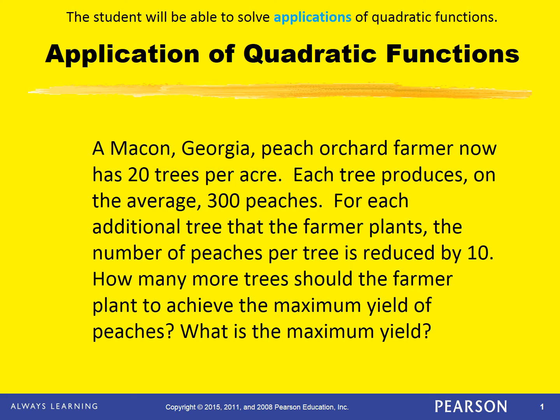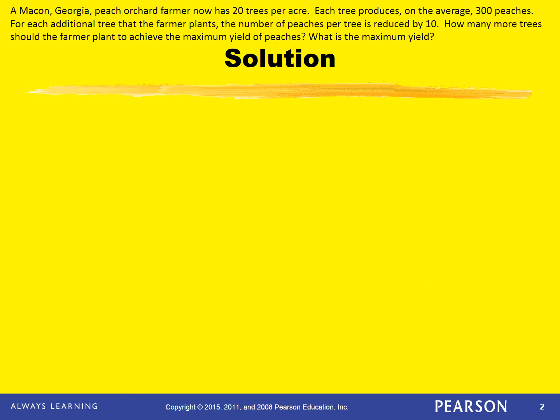So apparently they're telling us that the optimal usage of an acre is to have more than 20 trees. How many more trees should the farmer plant? And so we need to find how many trees that is.